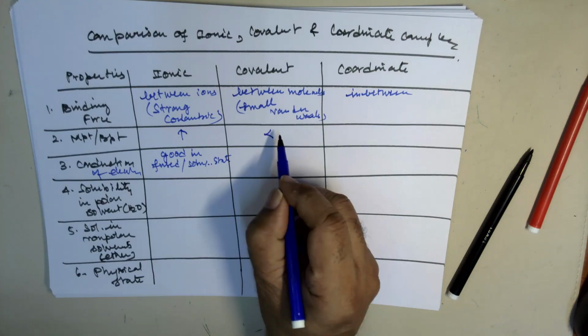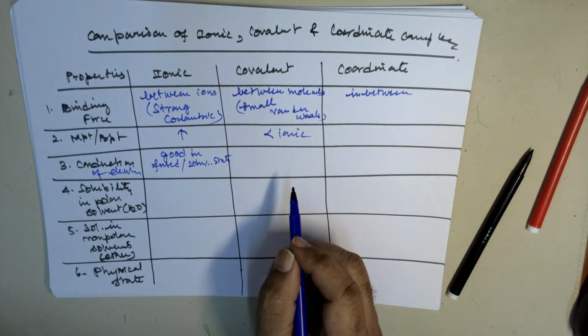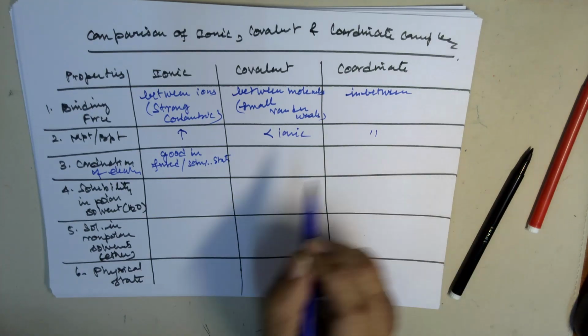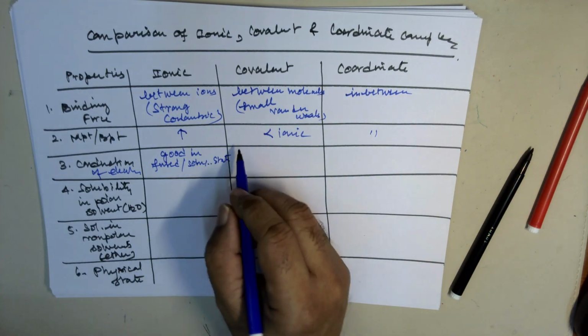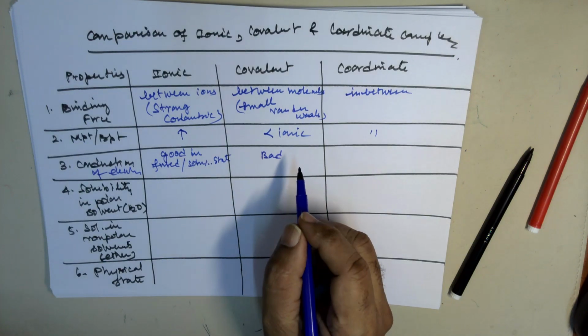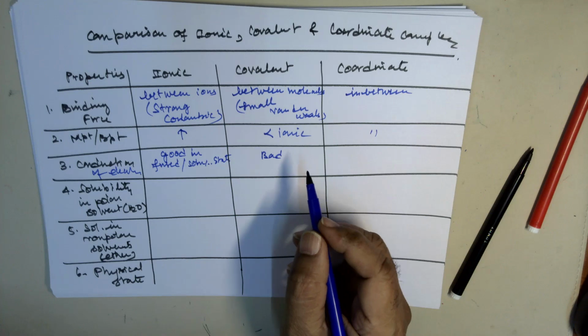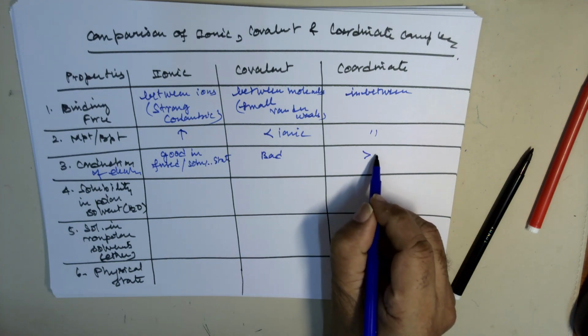It is less than ionic. And here also it is in between, in coordinate. And here this is a bad conductor. Okay. And here, however, it is better than covalent.